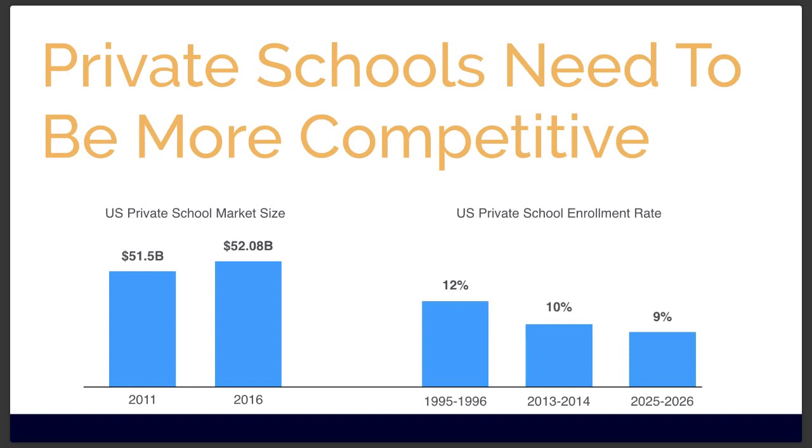So what that means is, and I honestly think that these numbers on the surface don't paint maybe the prettiest picture, because there's more competition, and it's becoming increasingly harder for private schools to maintain their enrollment.